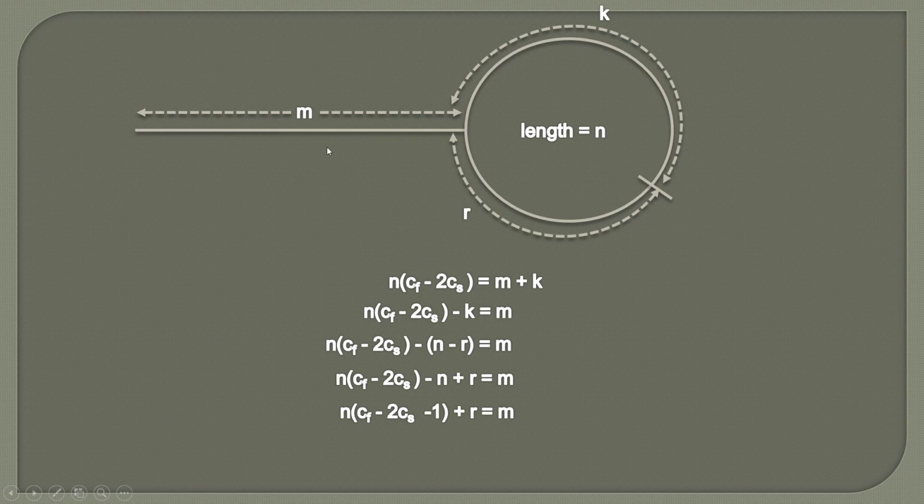So here you can see when temp has performed m steps, which is this part of the equation, that would be equal to n into an integer multiple. So it is starting from here, it makes a few cycles, it reaches the same point, and then it is traveling simply plus r. So if it is traveling plus r, it would reach the starting point of the loop, and there it will simply meet m, because m is equal to this equation.